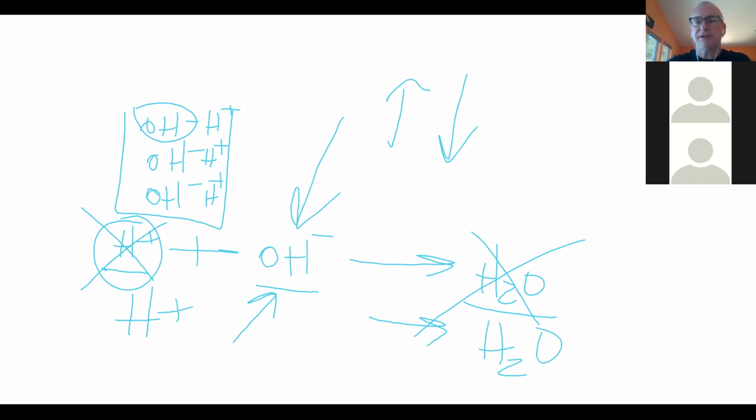So without any H plus, it stays the same. But in the presence of H plus, some amount of OH minus gets converted to water. So if H plus is around, do I have less hydroxide ions or more, or the same? It's either the same or decrease. It's one or the other. You would have less. Why? So the more H plus I add, what happens to my OH minus concentration?